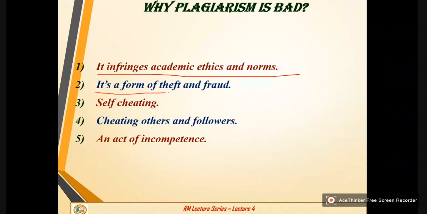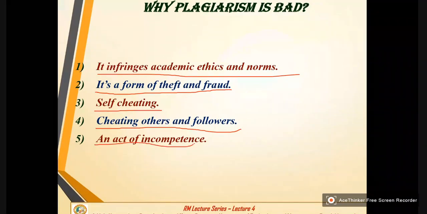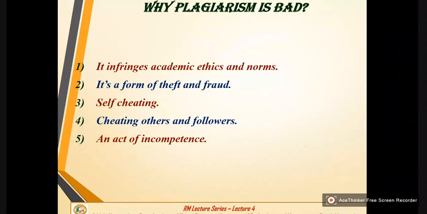It is a form of theft or fraud. It is self-cheating. You are cheating yourself and also cheating others and followers. It clearly projects your incompetence. So that is why plagiarism is bad.